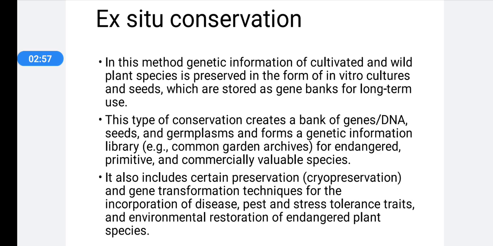This type of conservation creates a bank of genes or DNA, seeds and germplasm, and forms a genetic information library for endangered, primitive and commercially valuable species. It also involves cryopreservation and gene transformation techniques for incorporation of disease, pest and stress tolerance traits, and environmental restoration of endangered plant species.